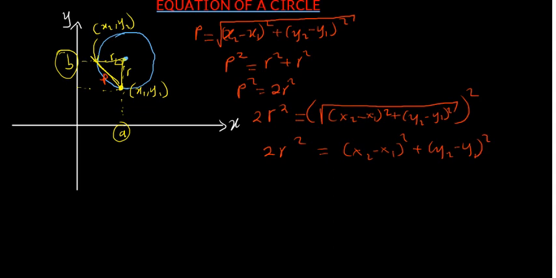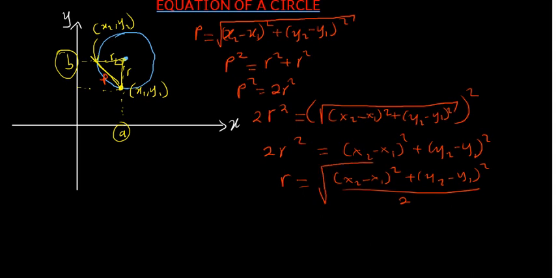We are going to divide by 2 and then square root to remain with only R. So R is going to be the square root of x2 minus x1 squared plus y2 minus y1 squared, divided by 2. We are square rooting because we want to do away with this square. So we can find the radius of this circle by using this equation.